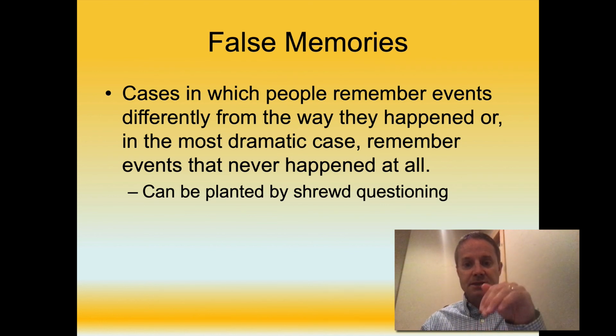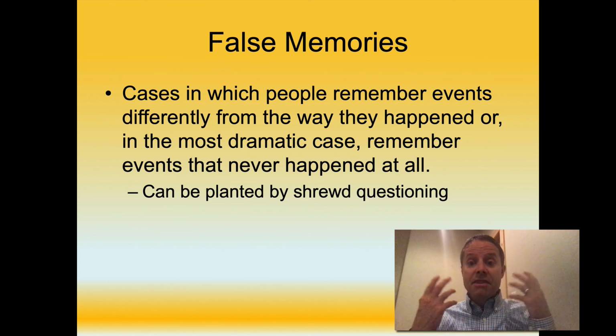You can suggest that something happened. And then 6 months later in Loftus's research, she would meet with people again and they would have incorporated this false memory into their actual memory. So, something we have to be careful about. Again, hopefully you'll get a chance to see that in Loftus's TED Talk.